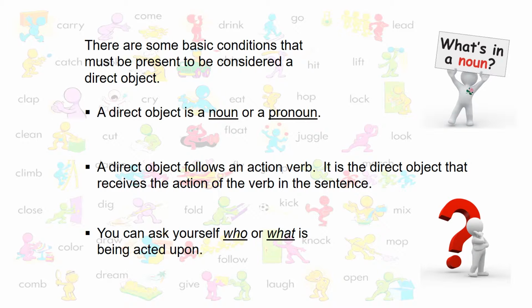First, a direct object is either a noun or a pronoun. Next, a direct object follows an action verb. It is the direct object that receives the action of a verb in the sentence. You can ask yourself who or what is being acted upon.